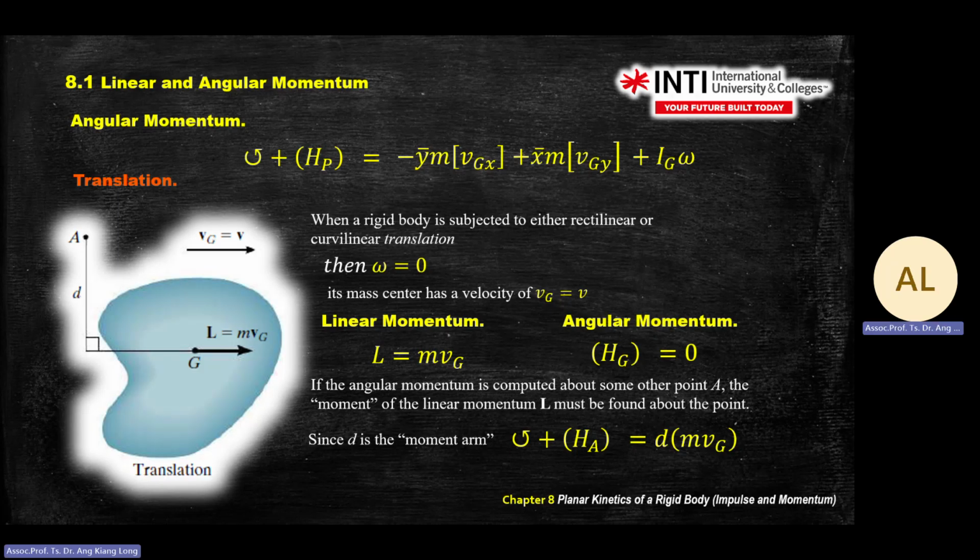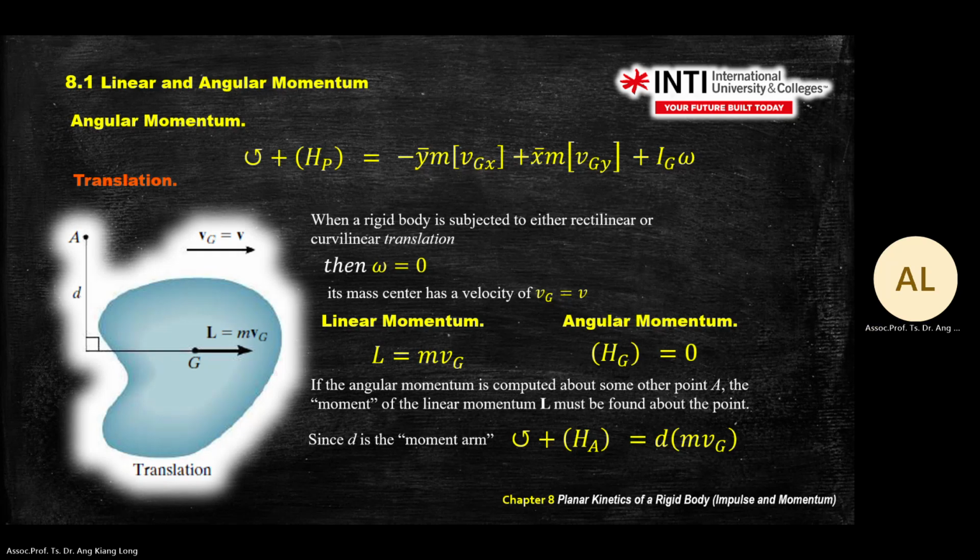If you only have translation, there's no rotation, so the angular component is 0. You only have linear momentum, which is L equal to mv. Then if the question asks you to find the moment of linear momentum, you take L or mv multiplied by the perpendicular distance d.